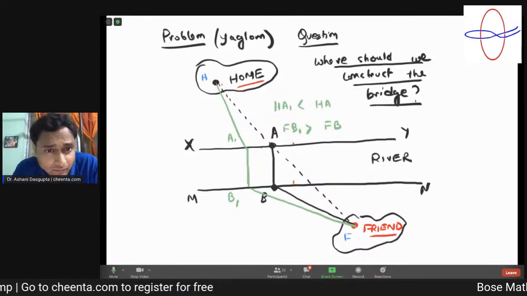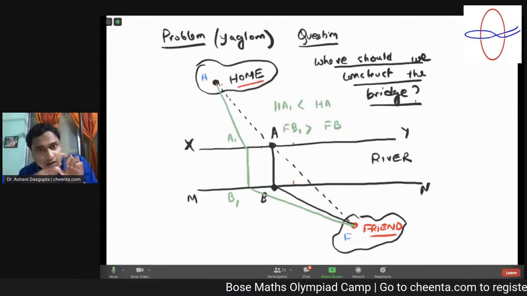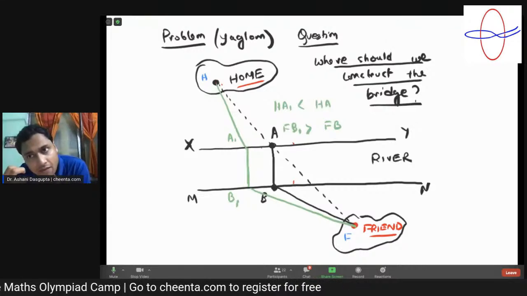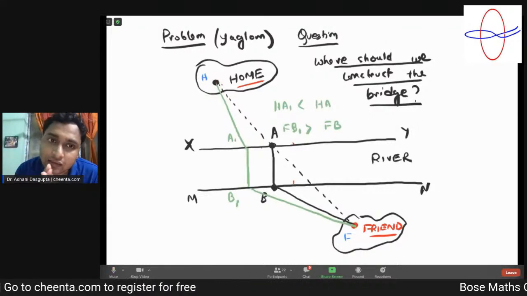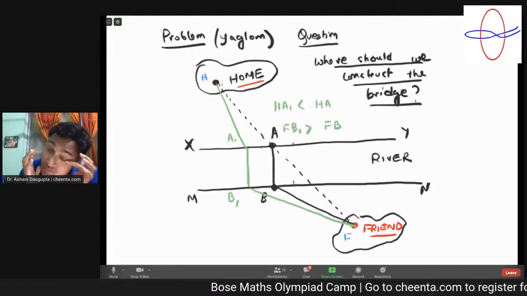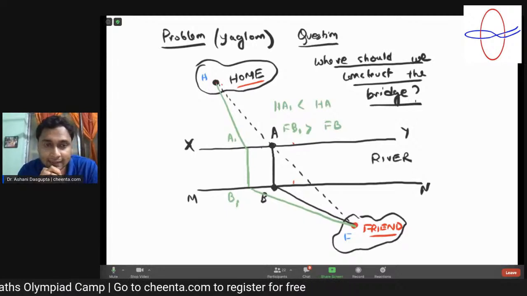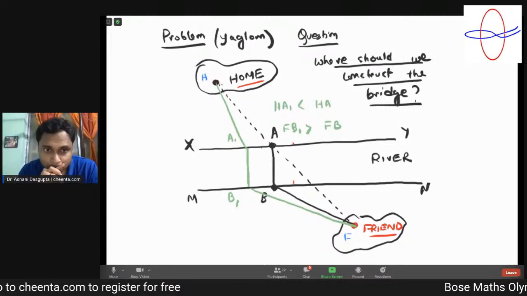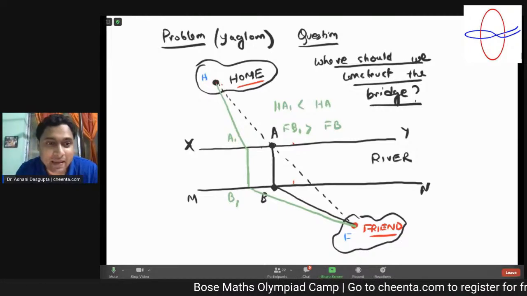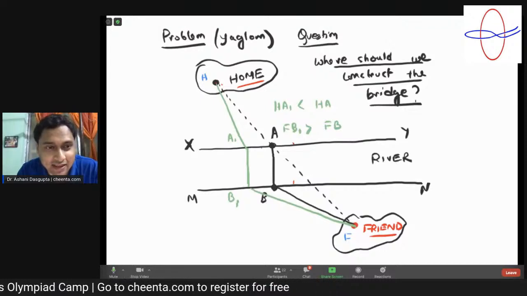So one of the parts is smaller than that path, and the other part is larger than that path. So we have to see that. Maybe a little bit more thinking is necessary here. Can all of you think a little bit more?